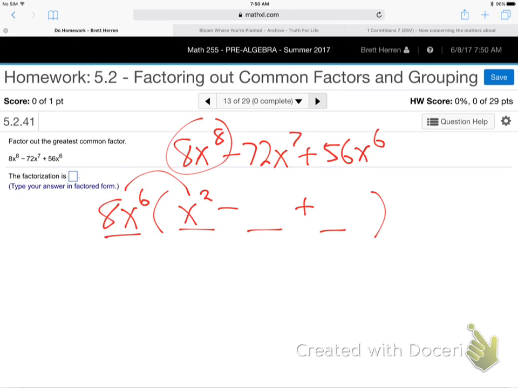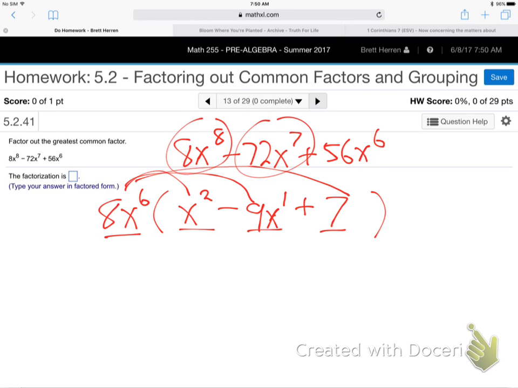The powers have to add. We don't need any numbers in the front. We already have the 8. And then 8x6 times what will go back to 72x to the 7th? 9x to the 1, or just x, because the powers will add. Good there. And then 8x to the 6 times what gives 56? Just the 7, and we don't need any x's at all. There we go. Is that good?